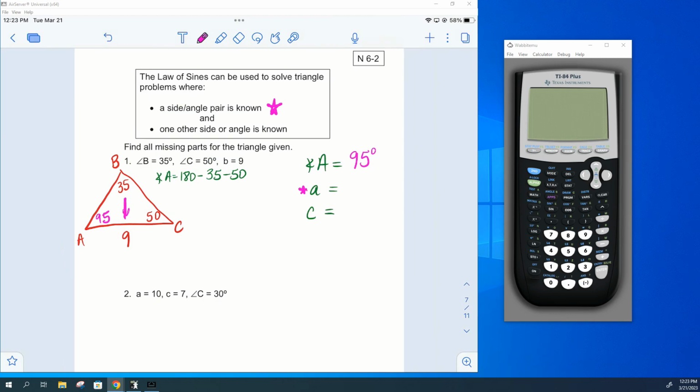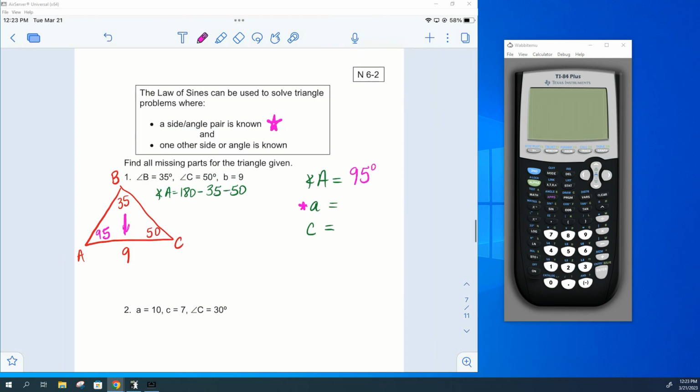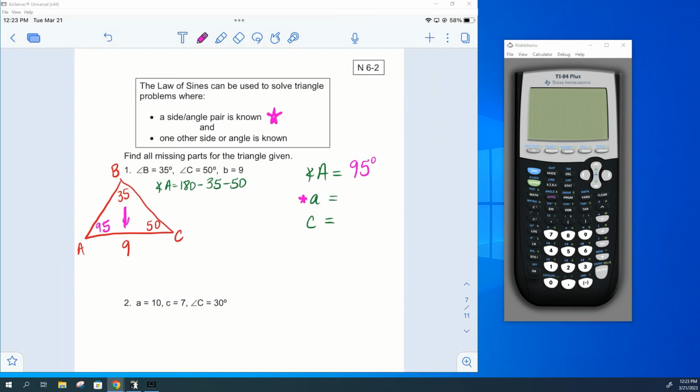When I said you're only going to be using 2 of the 3 fractions, I certainly couldn't use a and c right now because I would have 2 unknowns. So I'm going to use b and a because I'm looking for a and I know b. Just what I said before, I like to put my sides on top when I'm looking for a side.